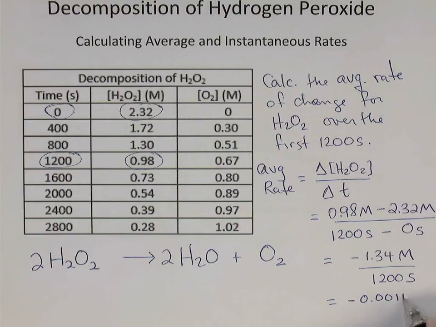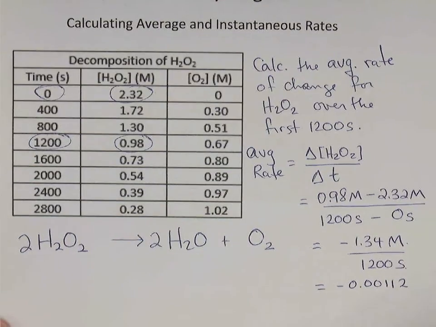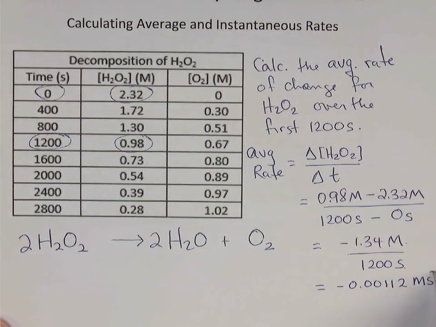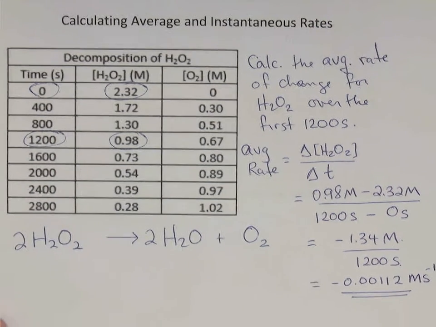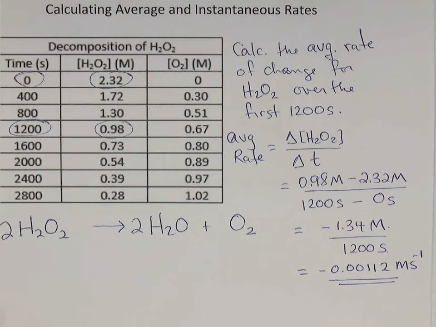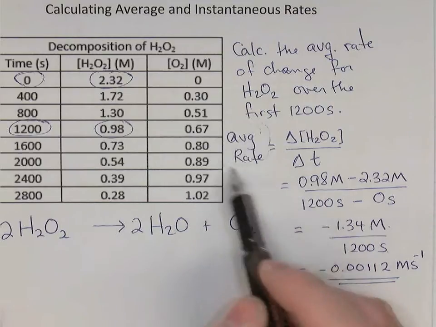The units: on top we have a molarity, on the bottom we have seconds, so that'll be molarity per second. There's the average rate. Notice that it's a negative rate because the hydrogen peroxide was decomposing, it was disappearing, and we were just asked to find average rate.